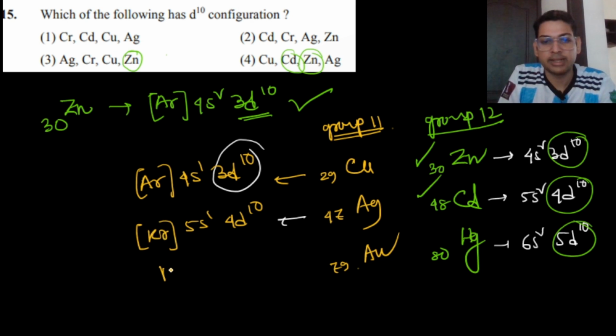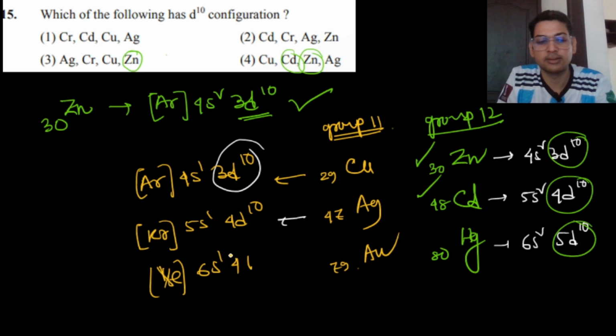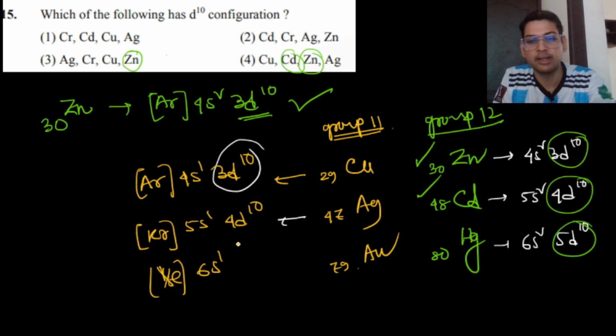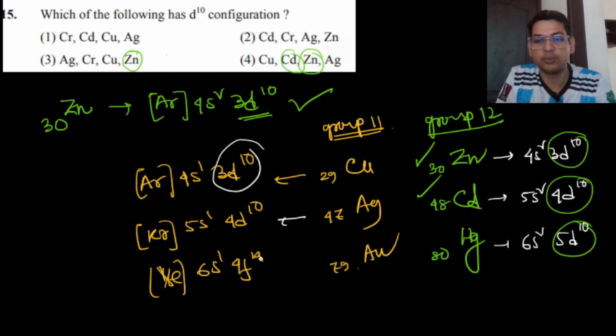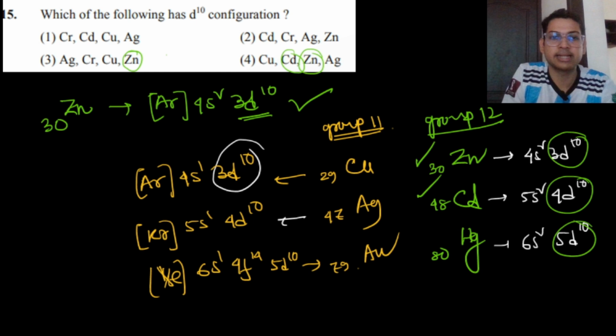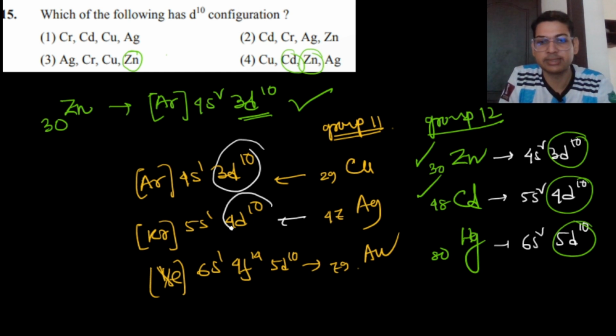And then for Au it is xenon 6s1, then there will be 4f14 and then we will have 5d10. Okay, no problem with that, sir, I don't need these things, I need this one and this one.